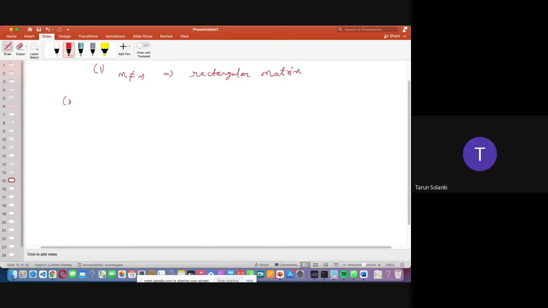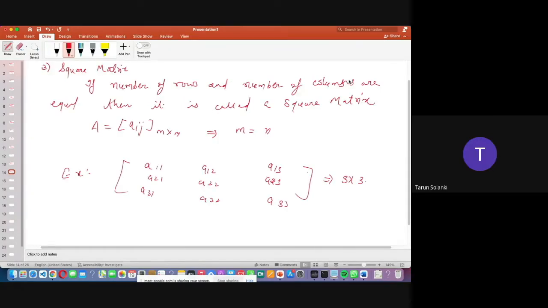Second, the elements of a square matrix A for which i is equal to j, that is a11, a22, a33, are called the diagonal elements. The line joining these elements is called the principal diagonal or the leading diagonal of the matrix, meaning this line.